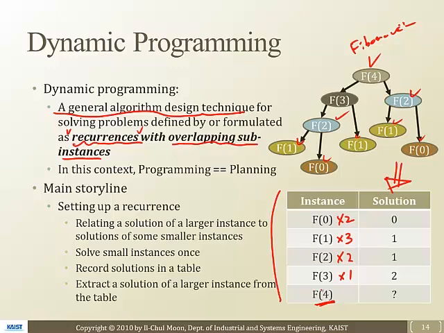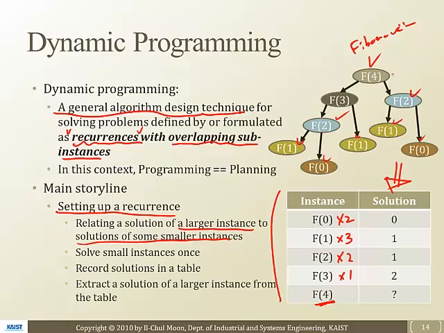So we are going to solve this problem with dynamic programming. The main storyline is this: we have to know the recurrence, relating a solution of a larger instance to solutions of some smaller instances. It's just the opposite way compared to recursion.